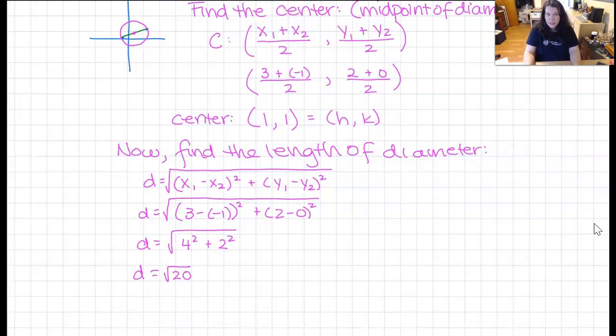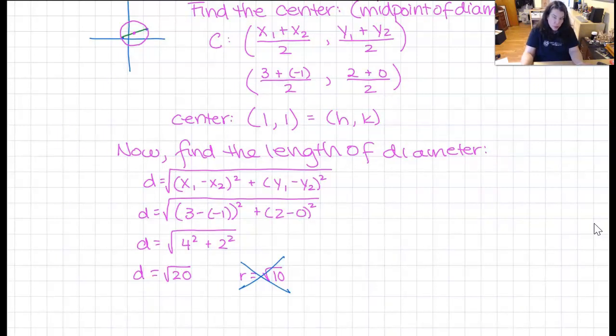Now it may be tempting to go, okay, so I take half of that. Half of that is going to be the square root of 10. No, do not do that. Bad. It won't work. And if you think about it, it also makes sense. The square root of 20, that's not halfway, but it's in between the square root of 25 and the square root of 16.